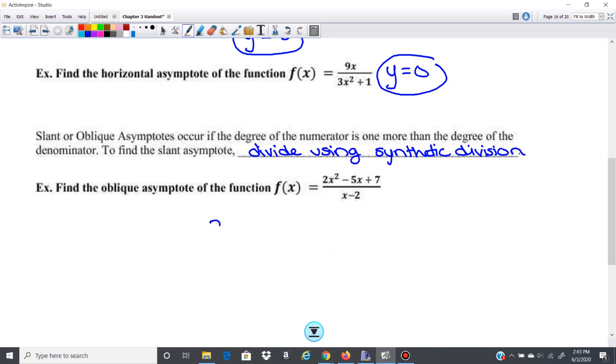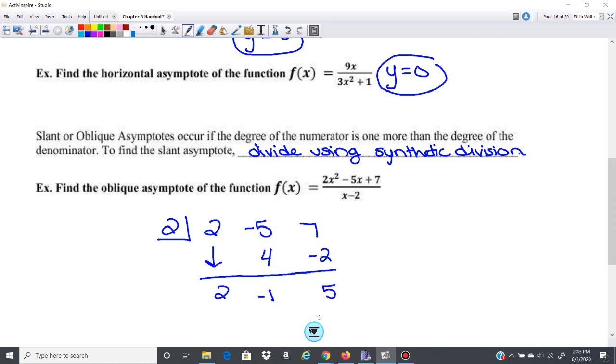So I'm going to go 2, -5, and 7. I'm going to put a positive 2 here. I'm going to bring down my 2. 2 times 2 is going to give me 4. -5 plus 4 is going to give me a -1. -1 times 2 is going to give me a -2. That's going to give me 5.